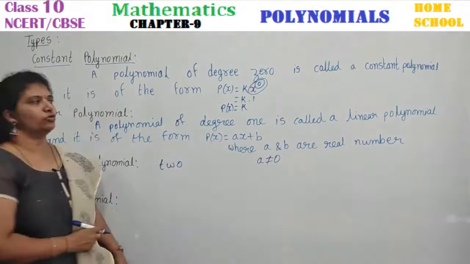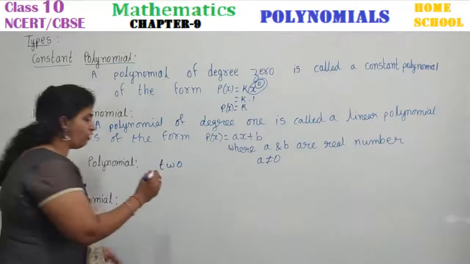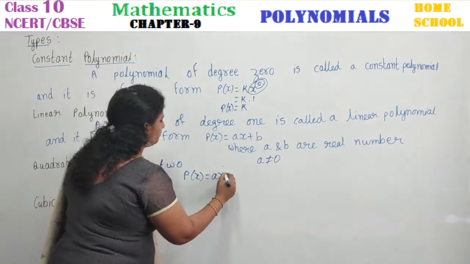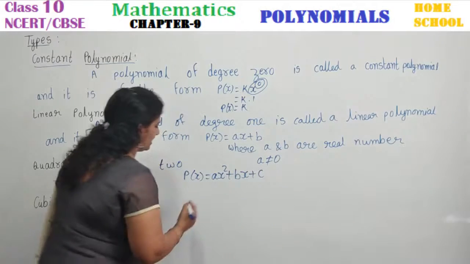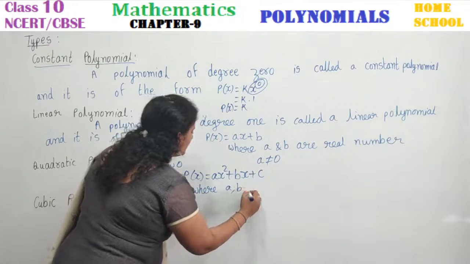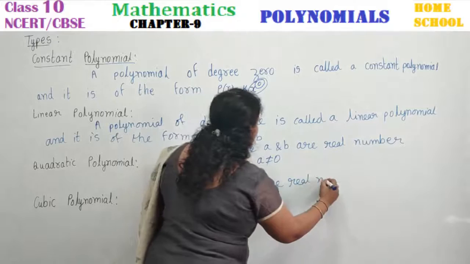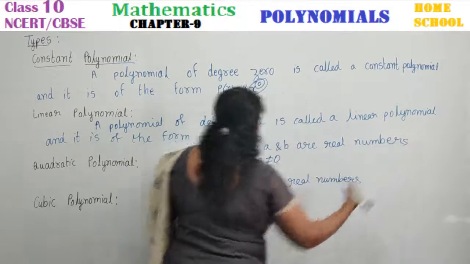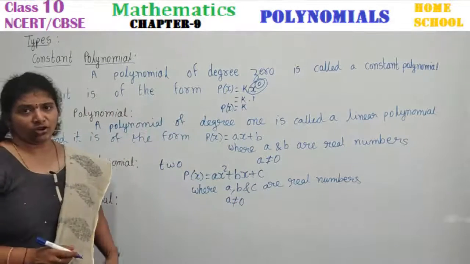A polynomial of degree 2 is called a quadratic polynomial and it is in the form of p of x is equal to ax square plus bx plus c, where a, b and c are real numbers and a cannot be equal to 0.